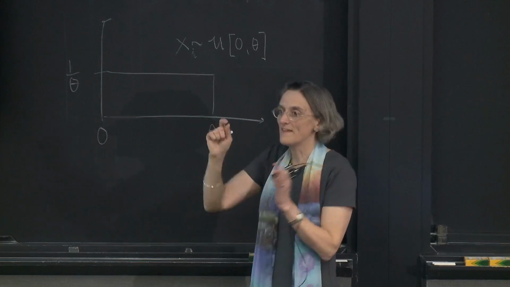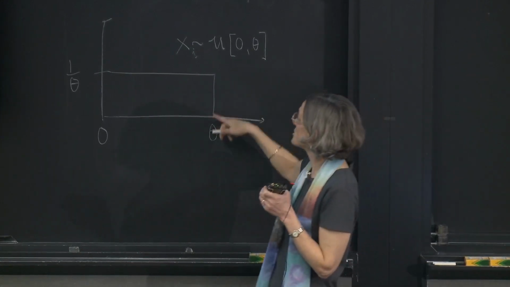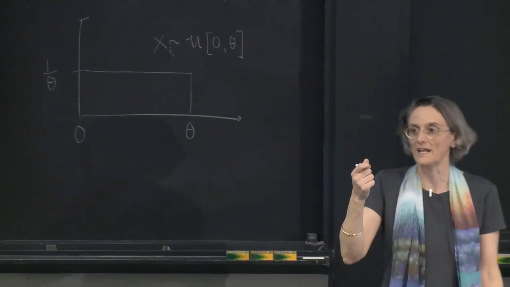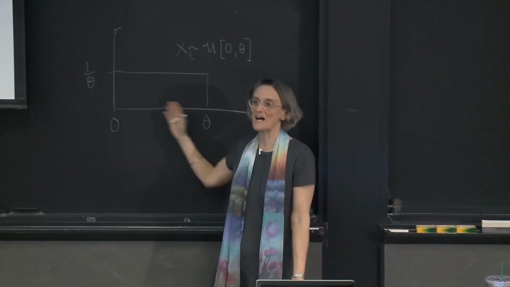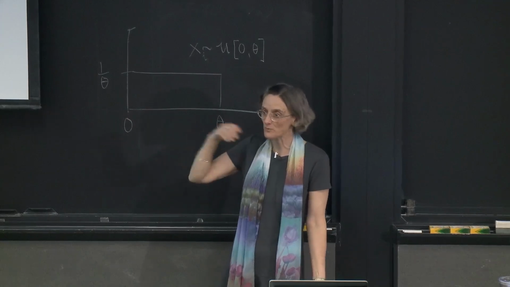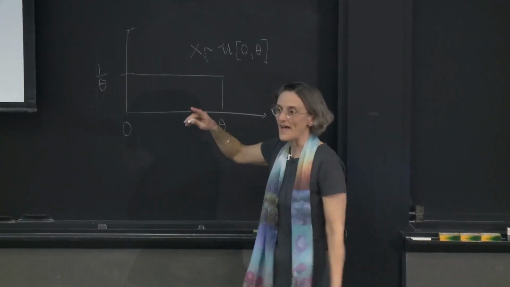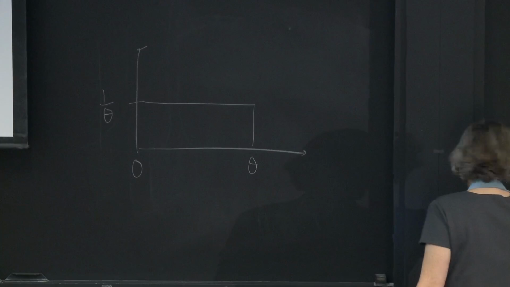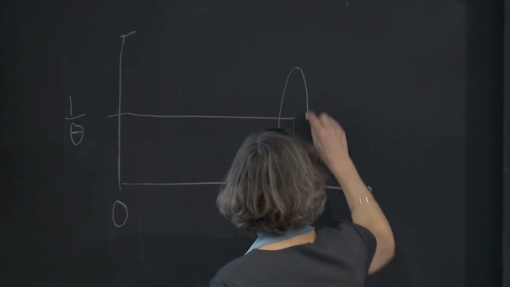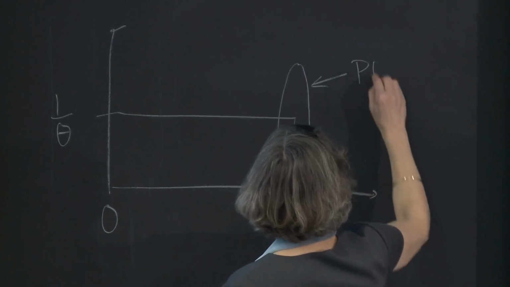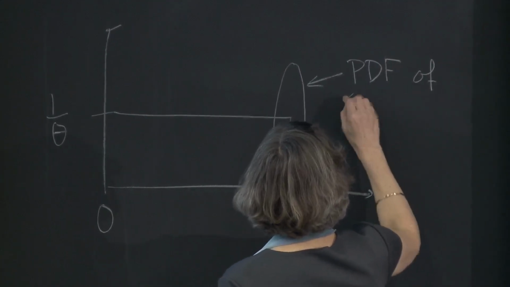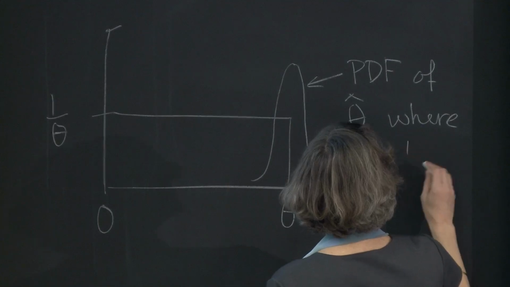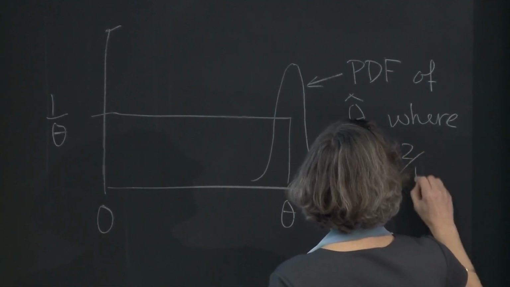The size of our random sample is going to determine how this thing that we're computing, 2 times the sample mean, is distributed. Let's say our random sample was size 15 each time, and we did this 100 times or 1,000 times or whatever. So we have 2 over n.